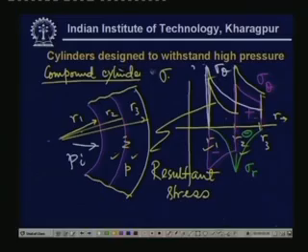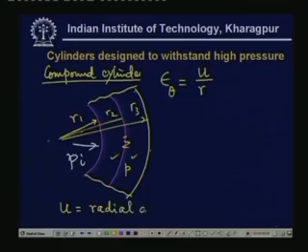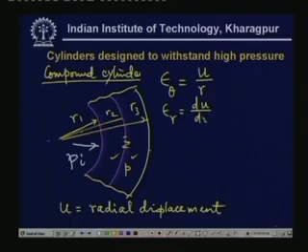If you bring the strain into account, then epsilon theta, that is the strain along the circumferential direction, is nothing but U divided by R. That is, U is the displacement along the radial direction, that is radial displacement, and R is the corresponding radius, and epsilon R is equal to du by dr.